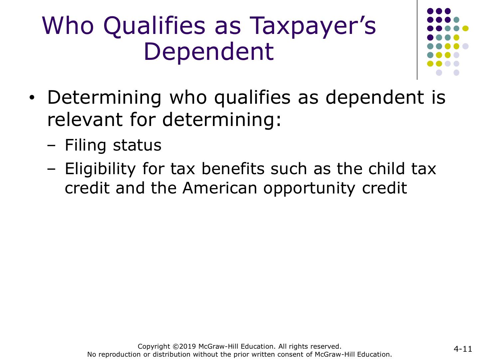And the reason we care is because who qualifies as a dependent is relevant for figuring out your filing status, okay? And there are all kinds of tax credits, such as a child tax credit and an American Opportunity Credit. There are all kinds of tax credits, okay? And if someone is considered your dependent, then you can potentially qualify for tax credits as a result. Okay.